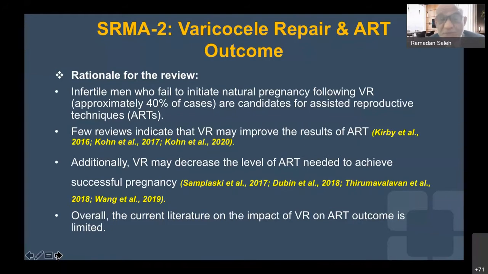And this 40% of cases of varicocele repair are the main concern of our meta-analysis number 2 and number 3. There are a few reports, as Dr. Rubin just said, in the literature that are covering the outcome of varicocele repair in terms of assisted reproductive techniques, and we will update the literature. We will go through more studies in order to cover this important topic. Next, please.